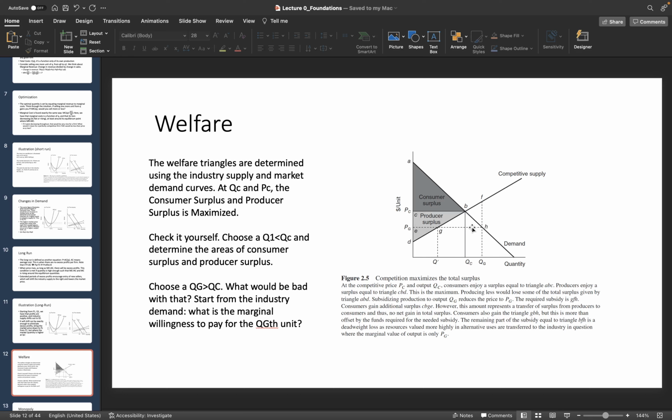So someone would have to pay for all of the other areas here, right? So the required subsidy is GFHF. Consumers gain additional surplus C, B, and G.